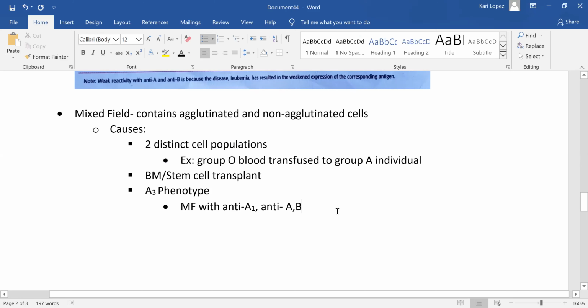Again, I think if you got asked about one, it wouldn't necessarily be an A3 phenotype. It's not that common. But if you did, you would have mixed field with anti-A1 and anti-AB.